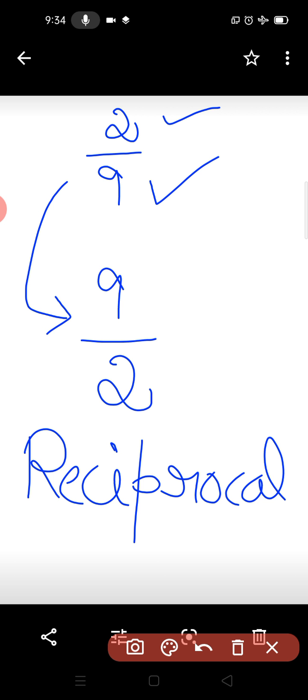But division of fractions is not possible directly. So we are going to use this reciprocal concept in division of fractions. The multiplicative inverse or reciprocal of a number is obtained by interchanging the numerator and denominator of the given fraction. Okay, now let us start division of fractions.